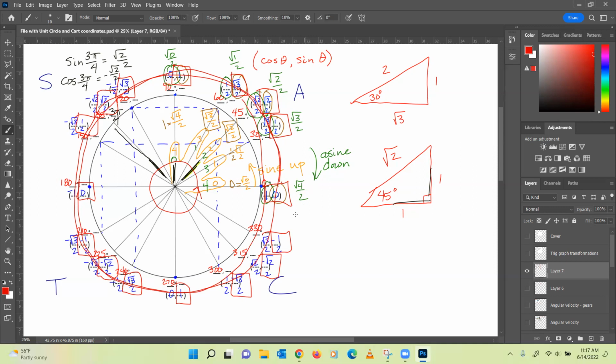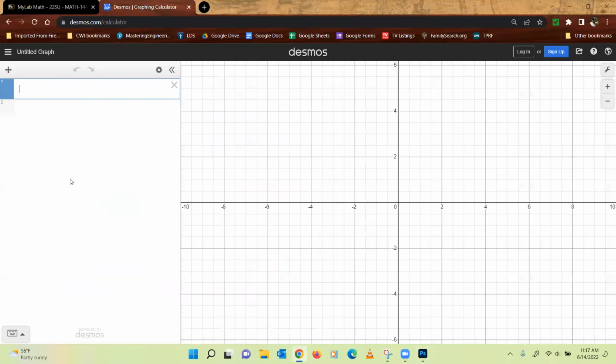But let's take a look at that and see how that looks on a graph. I've brought up Desmos, which is really handy, I think. Y equals the sine of x. And sure enough, we start here at 0, and we work our way up to 1, back to 0, back to -1, and I'm just looking at the y values. 0, 1, and so on.